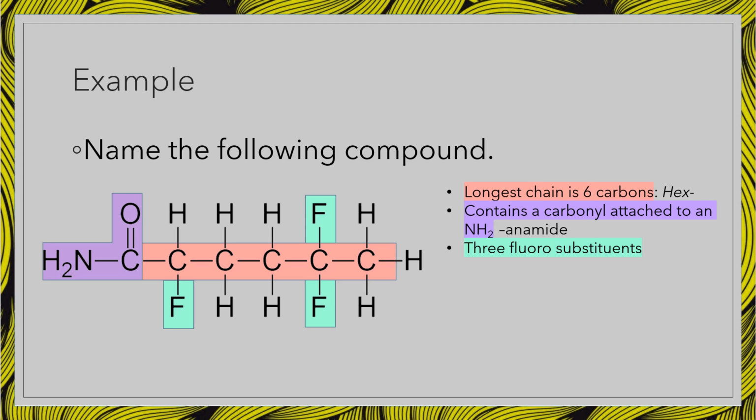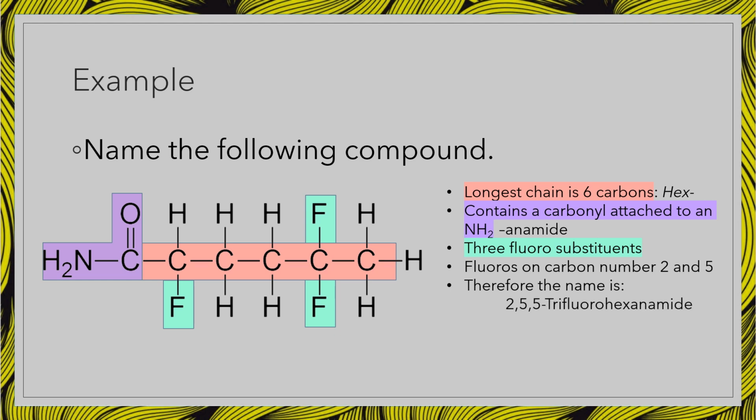Well, the amide group that contains the carbonyl is always number 1. So there's 1 fluorine on carbon number 2, 2 on number 5. So it's going to be a trifluoro. It's going to be 2,5,5. So 2,5,5-trifluorohexanamide.